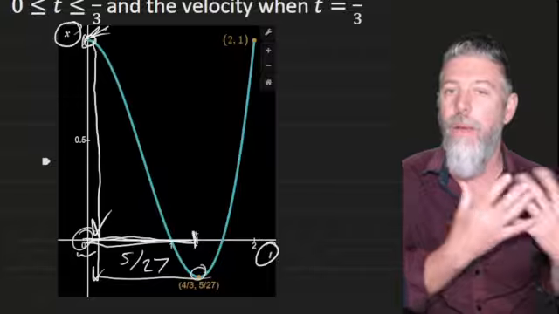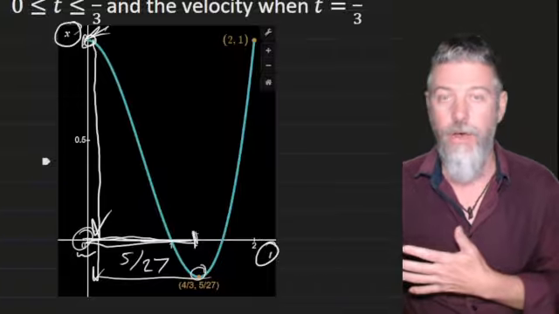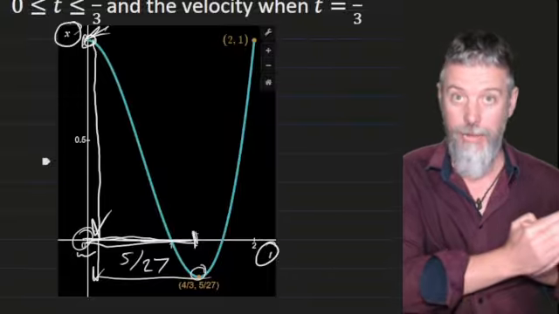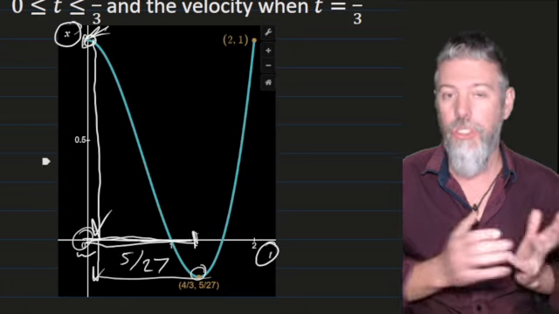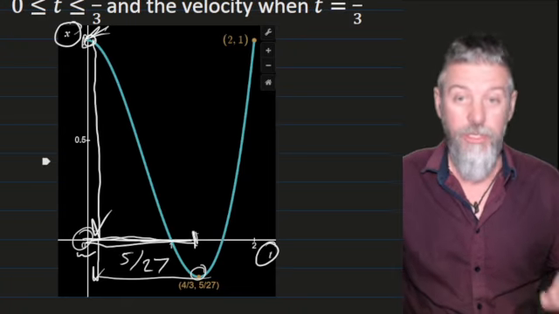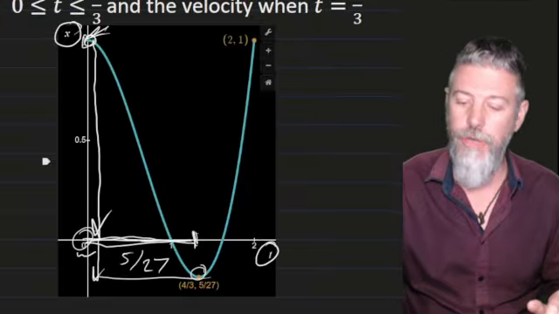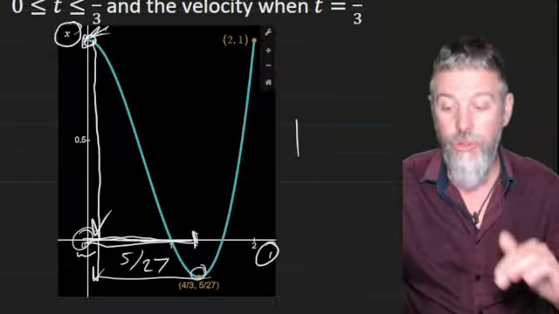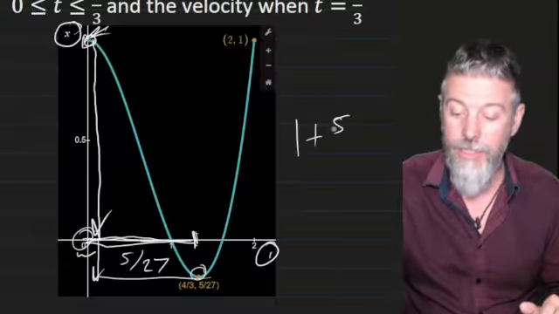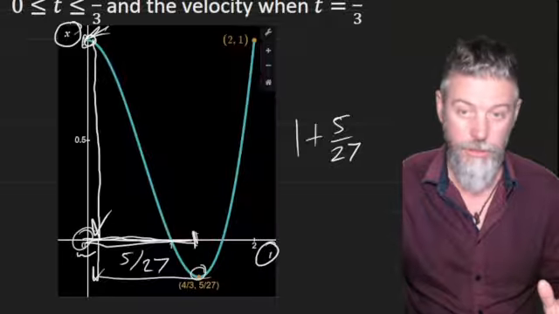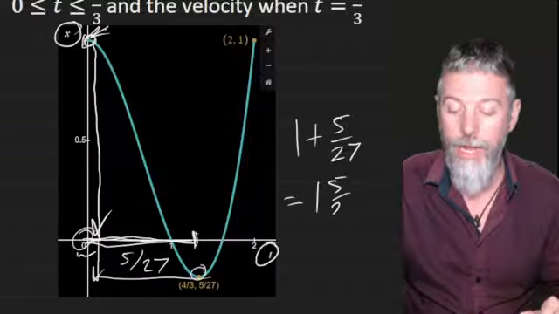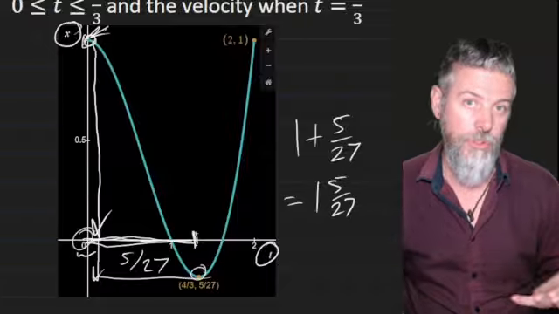We're not saying +1 minus 5/27ths because we're just looking at the sum distance that this particle had to cover to go between those 2 points. So therefore, it had to travel one unit, it might be meters, and then it traveled another 5/27ths of those units to get us to a point where we have traveled 1 and 5/27th units.